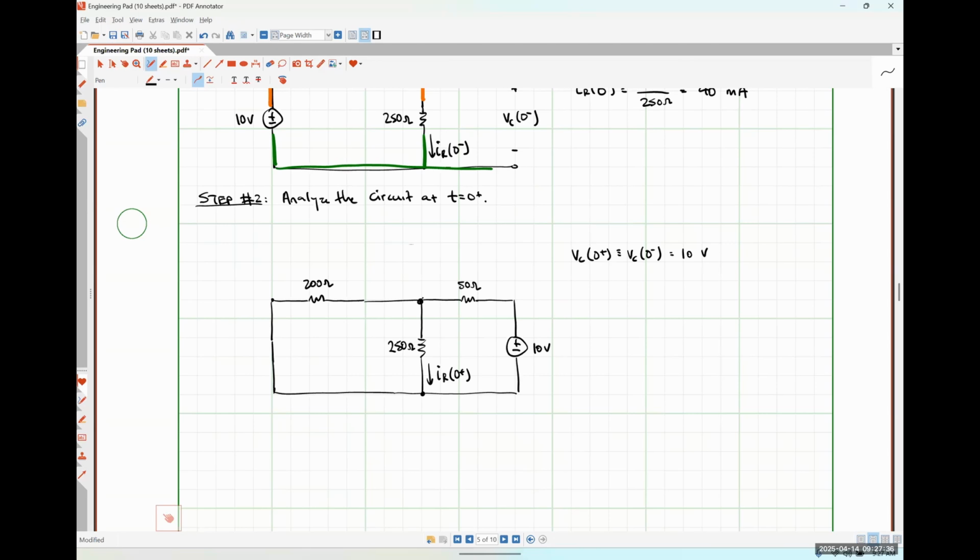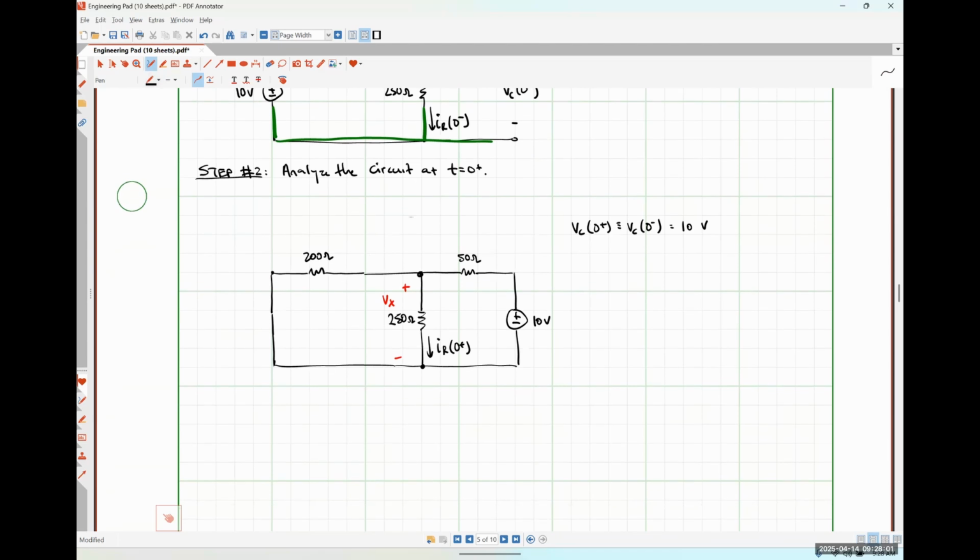So I'm going to do the voltage division route just because we haven't done voltage division today. Essentially I'm going to define this voltage, positive polarity here, negative polarity here, as Vx.